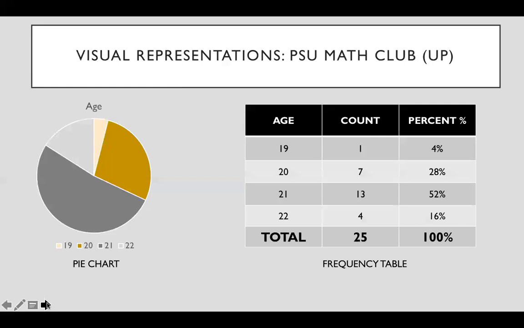You can see that the majority of members are 21-year-olds, in the dark gray. The frequency table has the numbers broken down, so you can tell more clearly the count and the percentage of each age. It shows the same data in each, but with a slightly different representation of the majority and the specific numbers in each group.